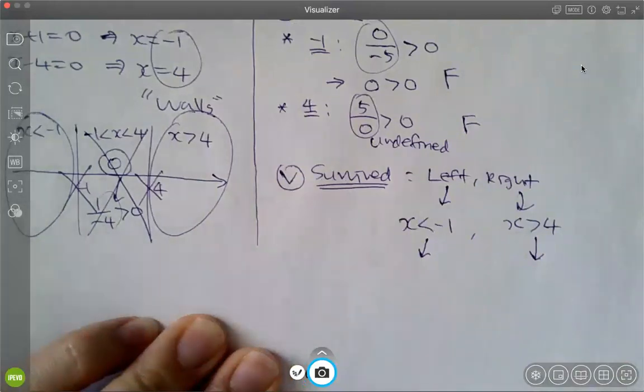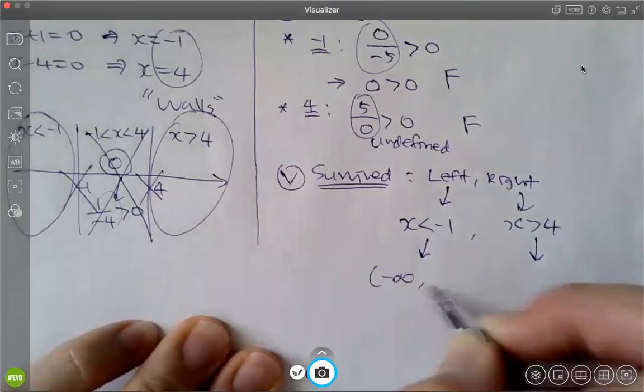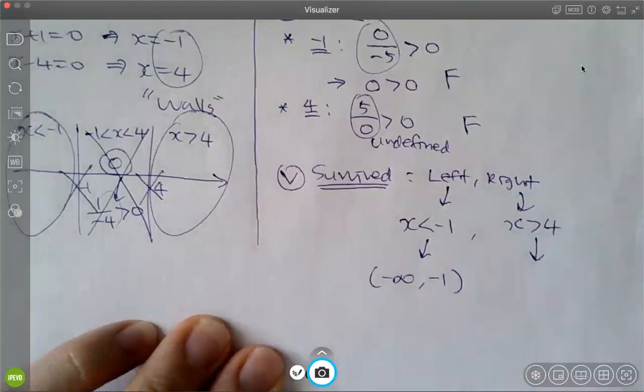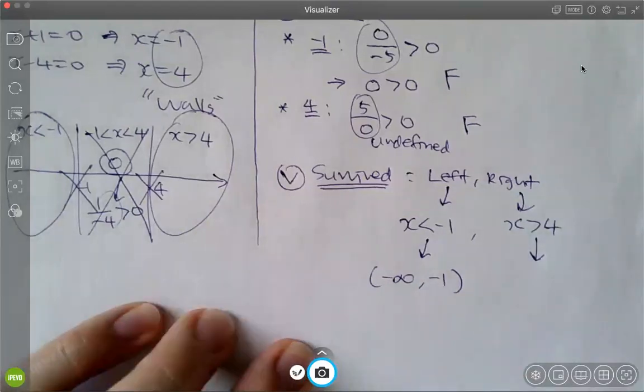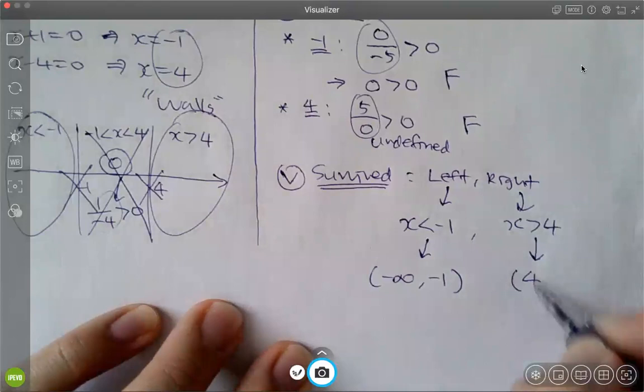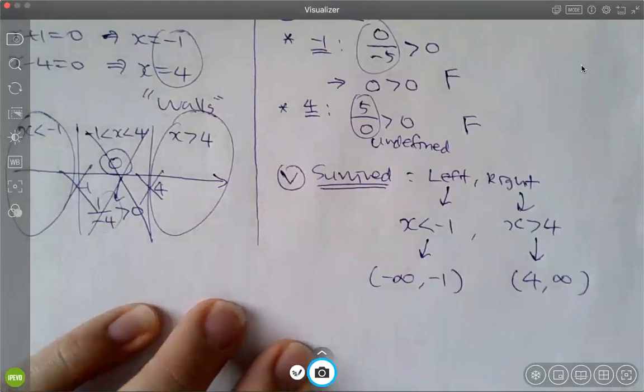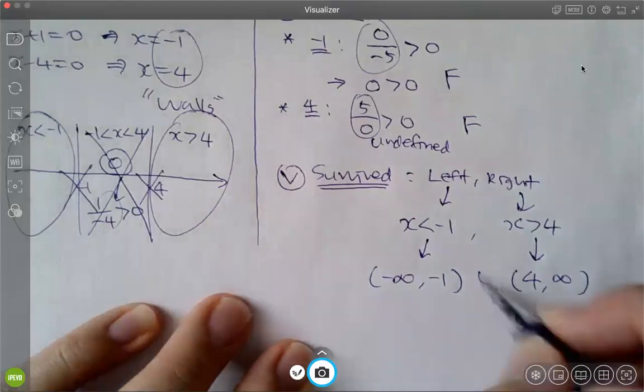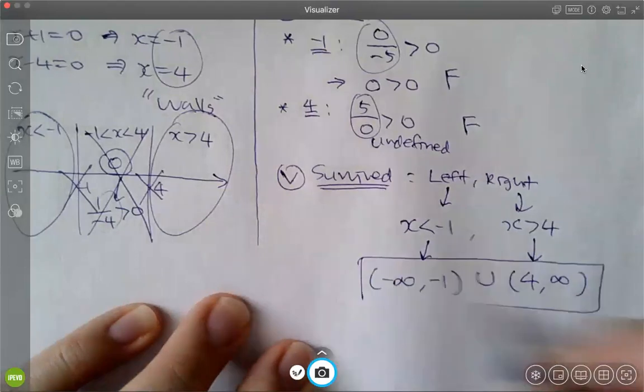Parentheses, -infinity, comma, -1, parentheses. And then x is greater than 4: parentheses, 4, comma, infinity. And in between these two intervals, the union symbol, yes, the union. So that is the answer.